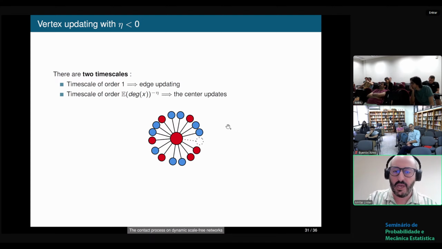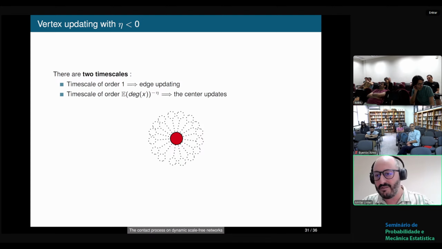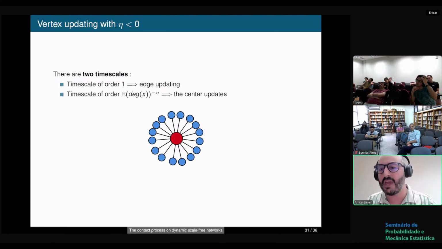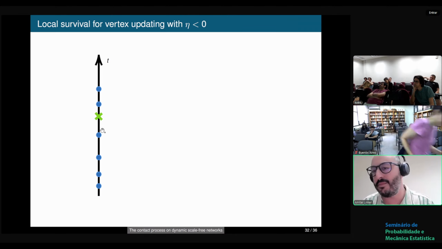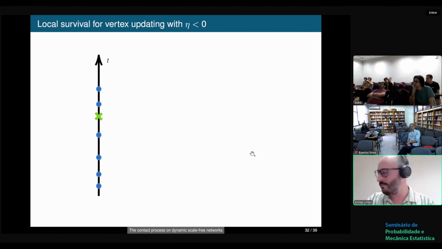Usually you just evolve as usual until the central vertex updates, you lose every single neighbor and you replace them with new neighbors, which are, of course, healthy. If you look at the timeline now, the amount of events is reversed. You see a lot of recoveries and some updatings once in a while.